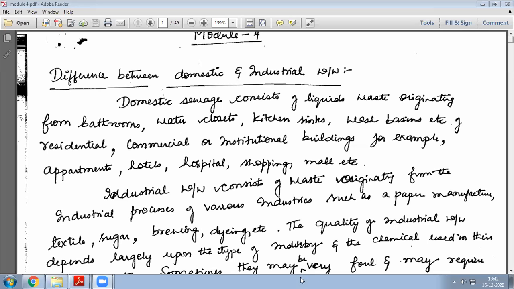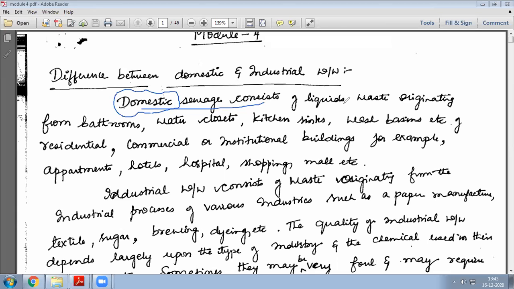What is domestic waste? You all know it is from houses, the residential houses. It will be released mainly from there. So that waste we call domestic waste. What it contains, you have to tell when you're talking about domestic waste. Domestic means purely from houses or any commercial malls, leaving out all industrial wastewater completely.